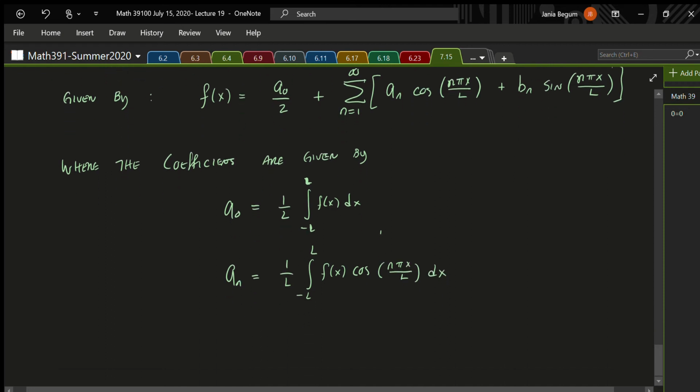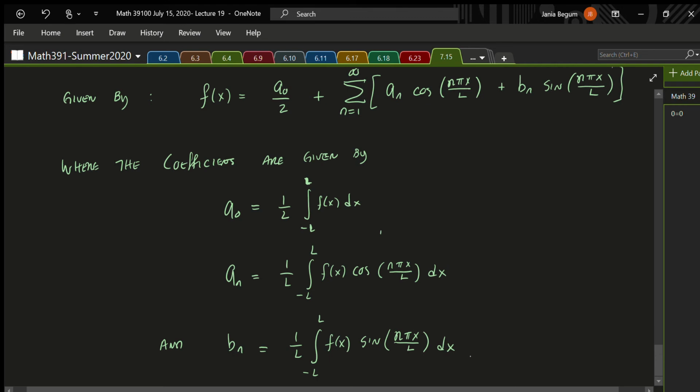And then bn, the last coefficient, is given by the formula 1 over L integral from negative L to L of f of x times sine of n pi x over L dx.